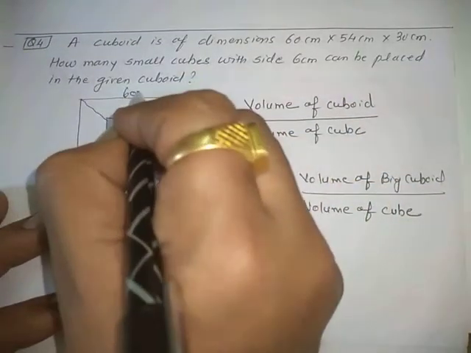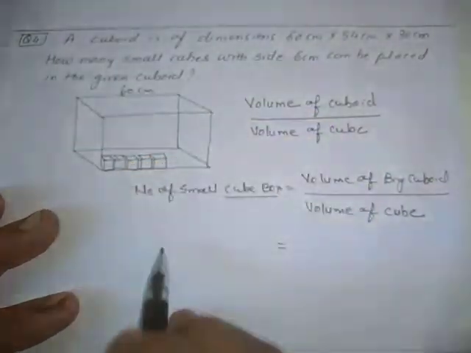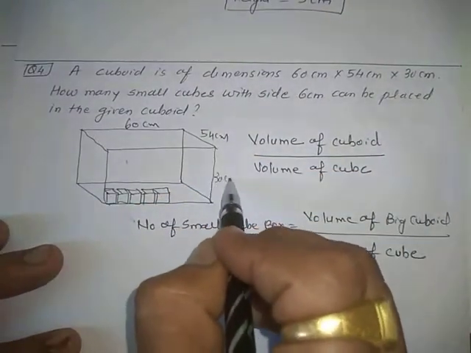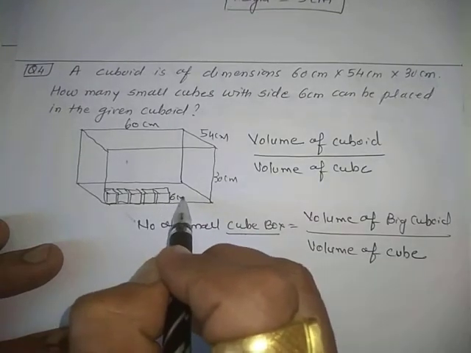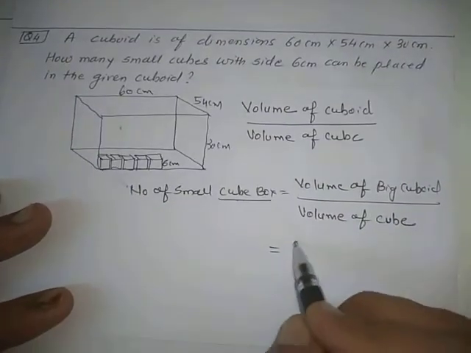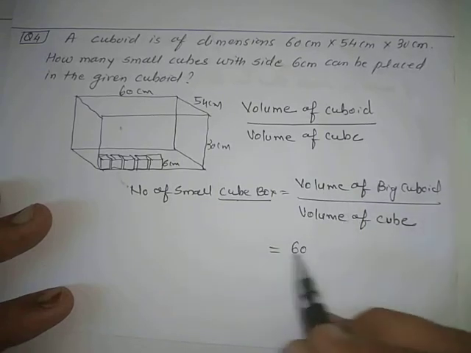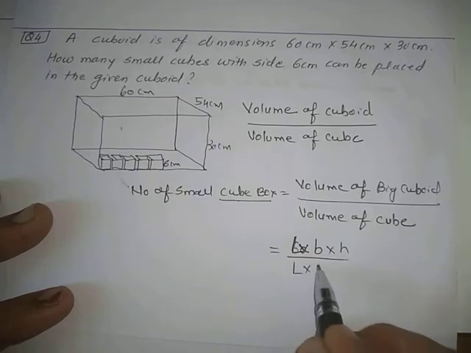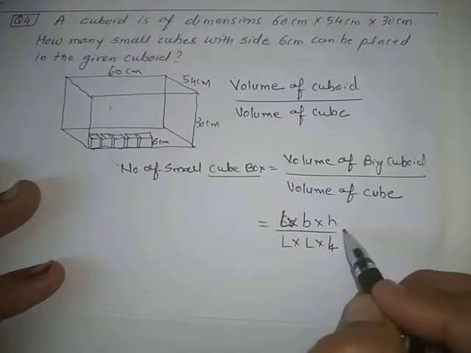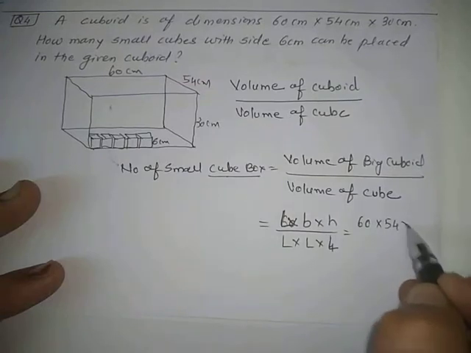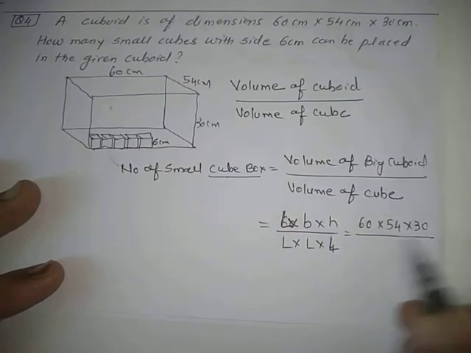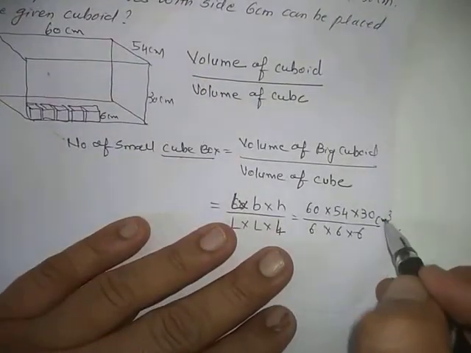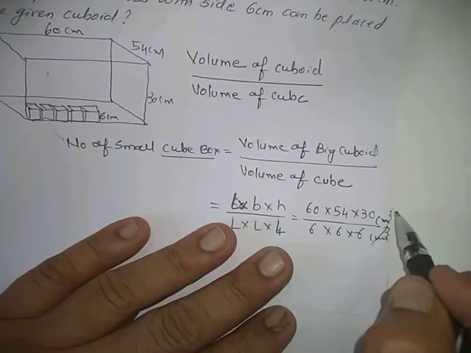So length is 60 centimeter, breadth is 54 centimeter, and height is 30 centimeter. And here it is given 6 centimeter, means all sides equal. So L into B into H, and here L into L into L. That will be 60 into 54 into 30, and here 6 into 6 into 6, centimeter cube, because all three are centimeter.